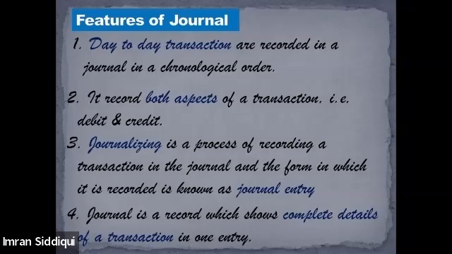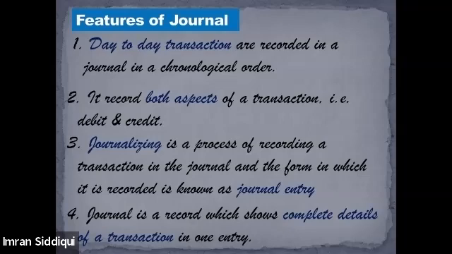Then the journal is a record which shows complete detail of a transaction. That means when the transaction took place, the amount of the transaction, from whom the goods have been purchased or to whom goods have been sold, everything will be there in the journal.